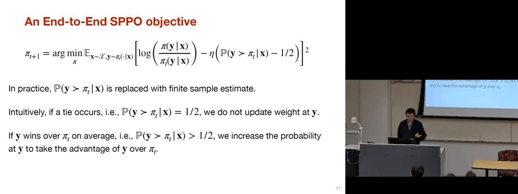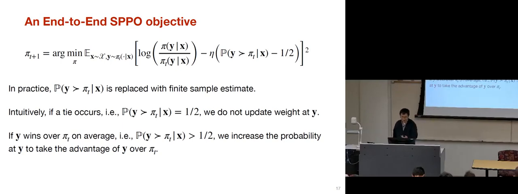the policy. But what if pi is actually preferred over the response generated by pi t on average? In this case, this probability will be greater than 1/2. And this probability minus 1/2 will be a positive number. So by minimizing this objective function, we will increase the probability of y given x for the new policy pi t plus 1.